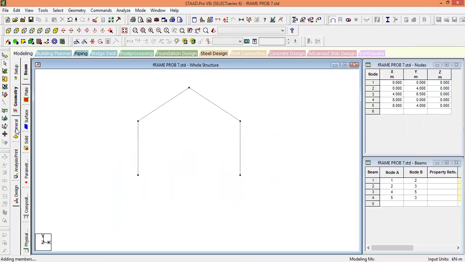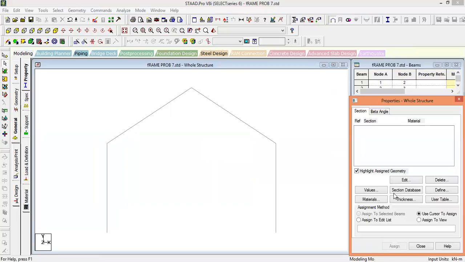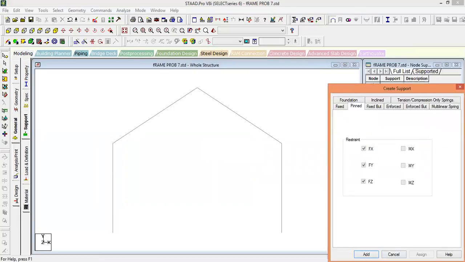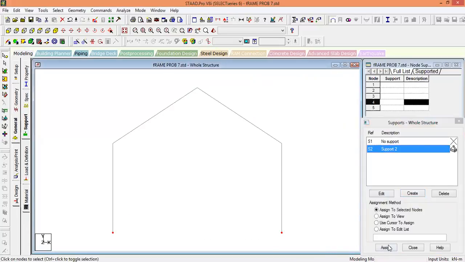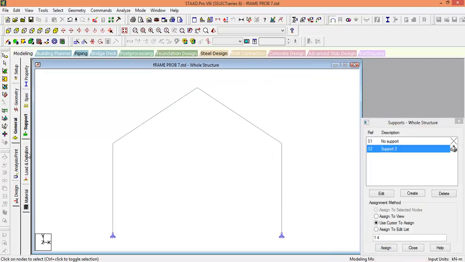We will now move on to the supports. We want the pinned or hinged supports, and then select the nodes where you want to assign them, and assign to the selected nodes. Next we move on to the loading.